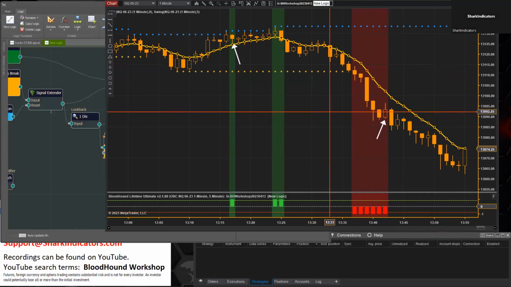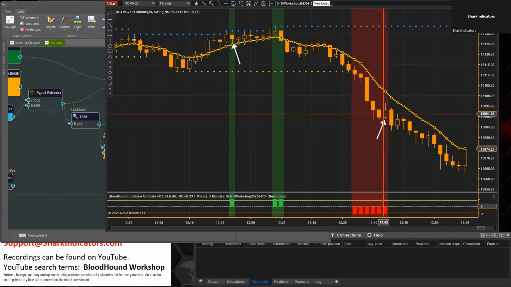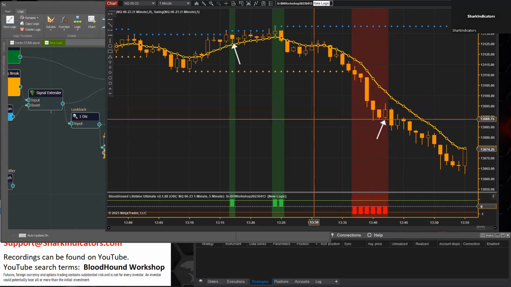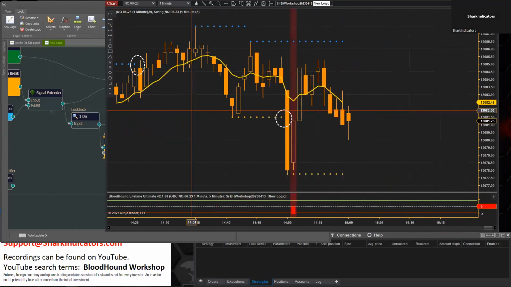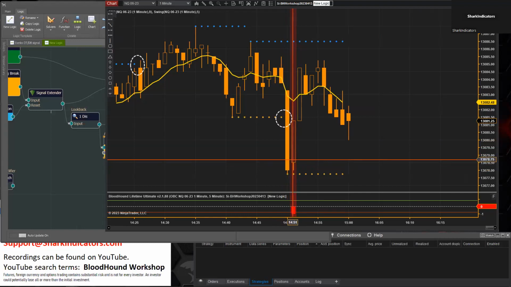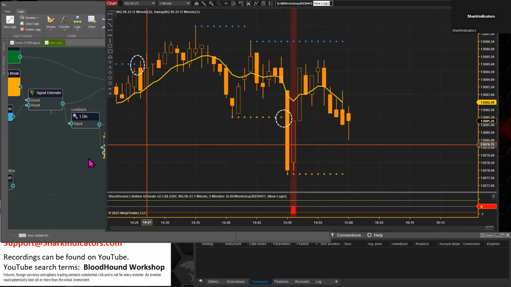So bottom line is you don't know how many pullback bars it might take. So you do need to allow for several pullback bars, especially like back here. The breakout bar was really long, and then after that, that might take a couple of pullback bars to get back to the 9 EMA.